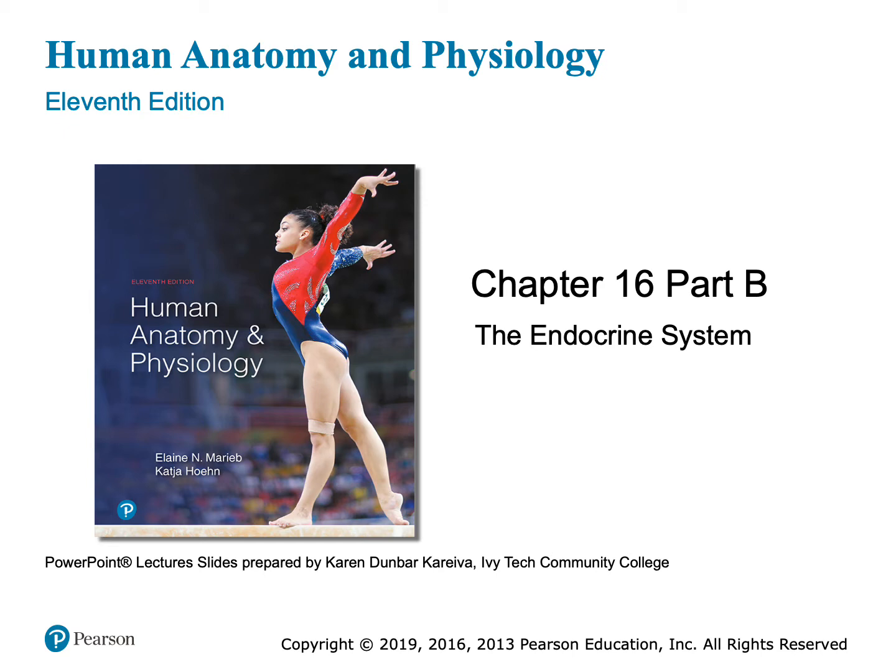And then finally, we talked about how the hormone can influence the number of receptors available. So upregulation, downregulation. Review that. And then we went into the different hormones, starting with the brain. We started with the hypothalamus and the pituitary gland.